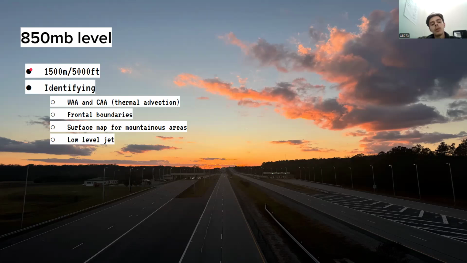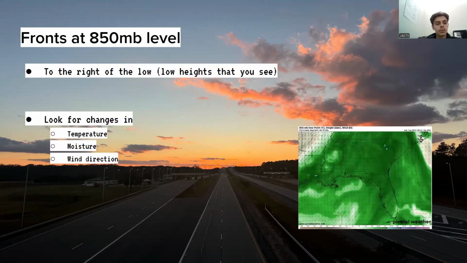And we can also look at a low level jet. Fronts at this level are going to be to the right of the low in most cases. And to know where a front might be, you can look at changes in temperature, moisture, and wind direction. So here you can see these winds.